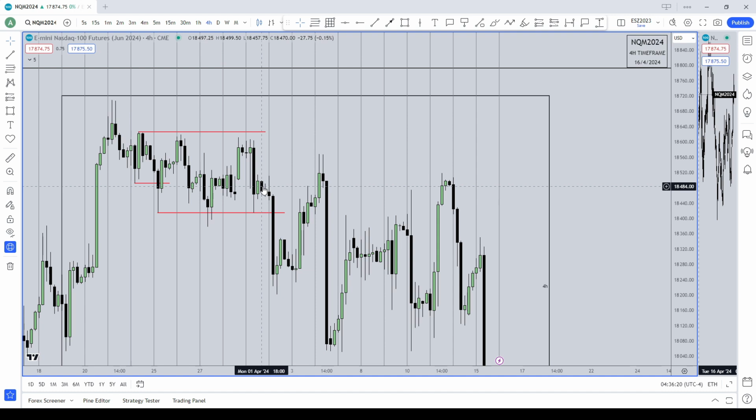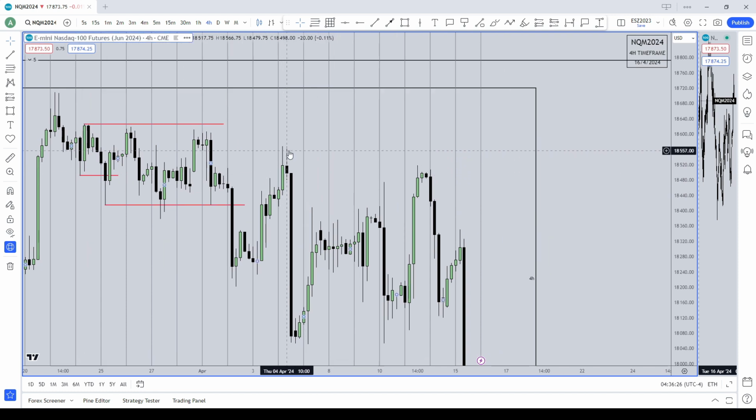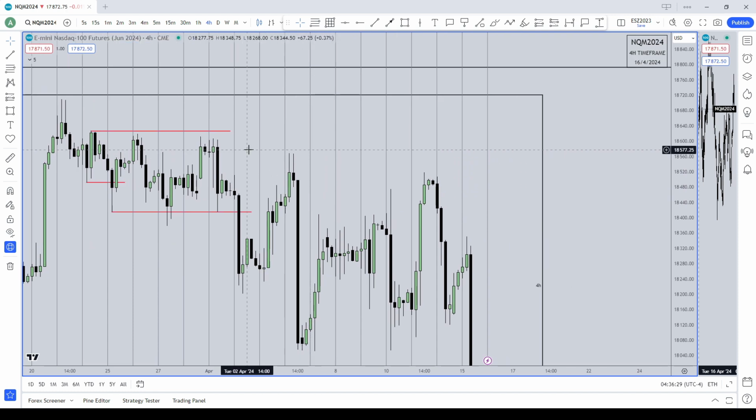That means your whole session will be one candle. And now you know if we close above that high, that can show you, okay, there will be a trend change.